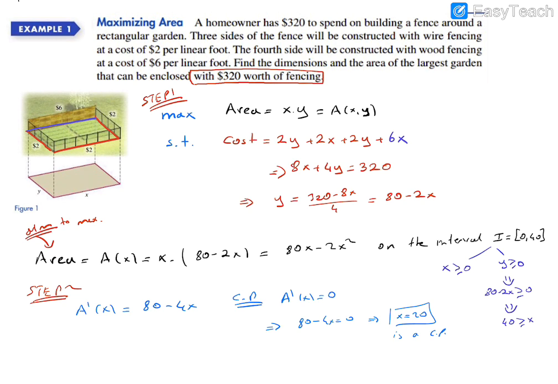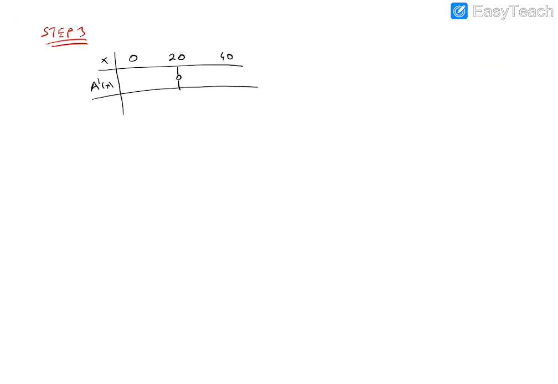The derivative of A is positive. If x is 30, this is negative. So positive, negative. So the function A of x is increasing, decreasing. So at the point 20, there is a maximum, a local maximum actually.